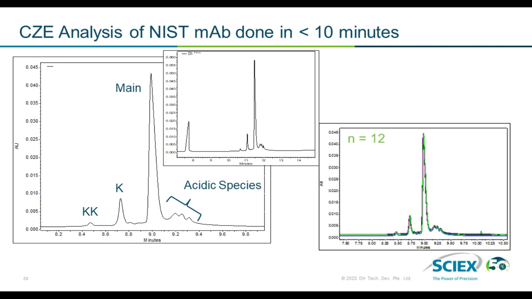Now, even with a short analysis time, we can still achieve very significant resolution of charge variants. Using the NIST mAb in this example, we see an excellent separation of both the acidic and basic variants, along with a very reproducible profile shown on the right, where we're just overlaying 12 individual analyses.